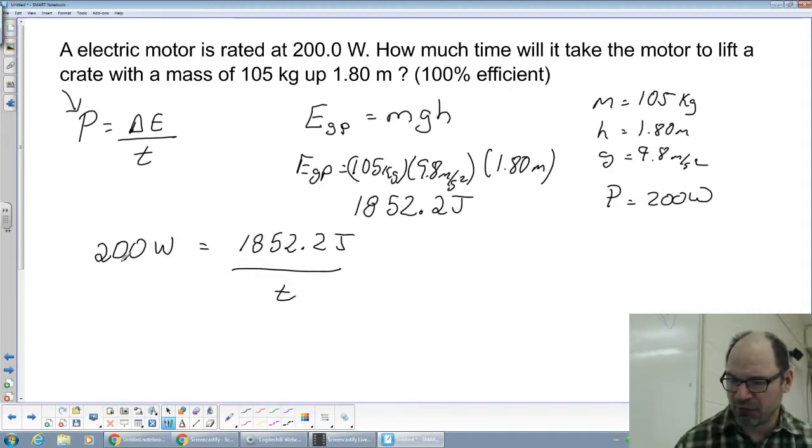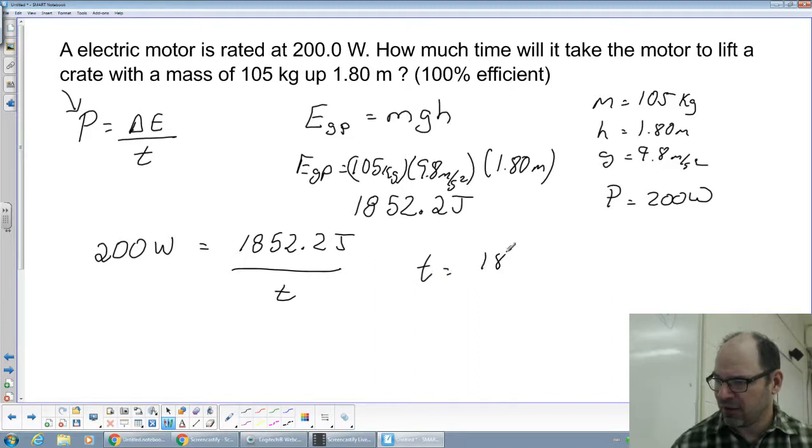Times the time over here and then divide by 200. So T is going to equal 1,852.2 joules divided by 200 watts.